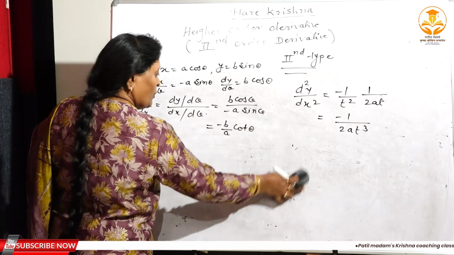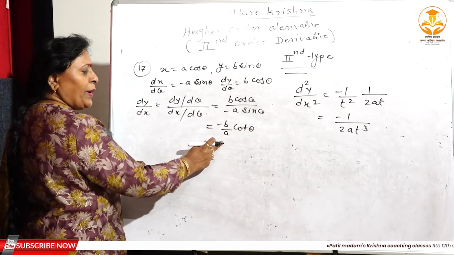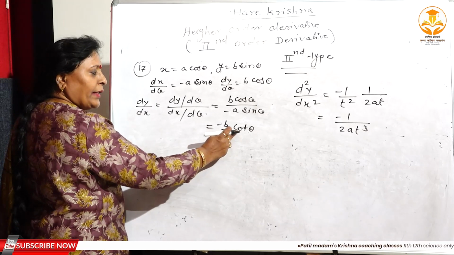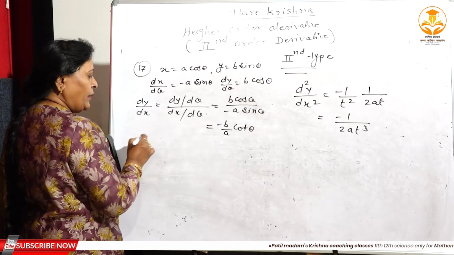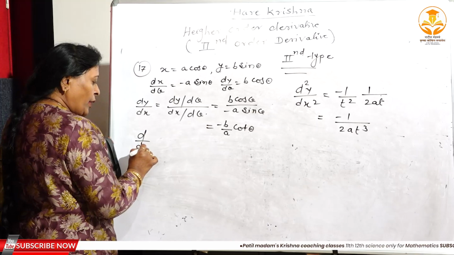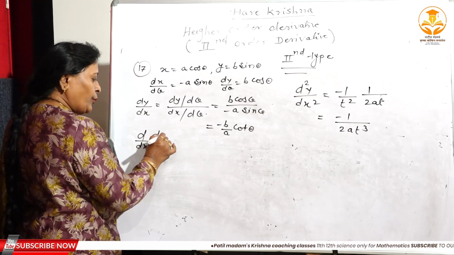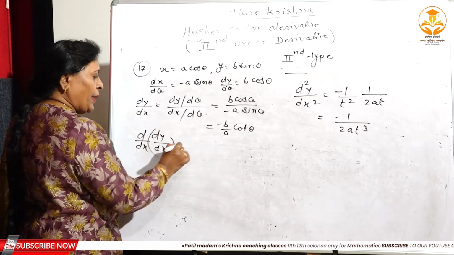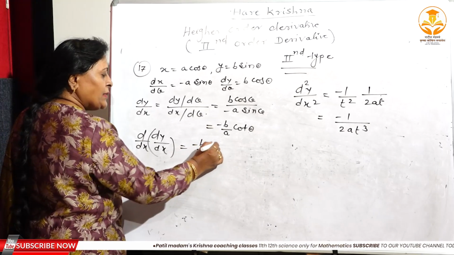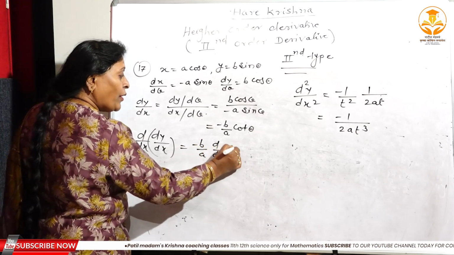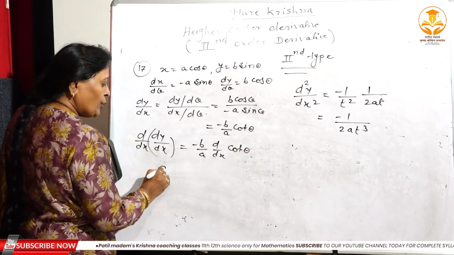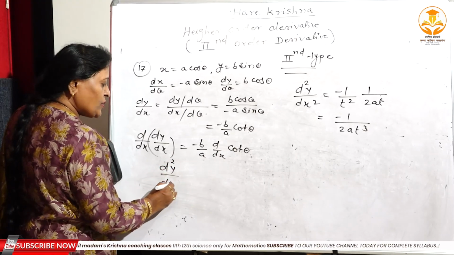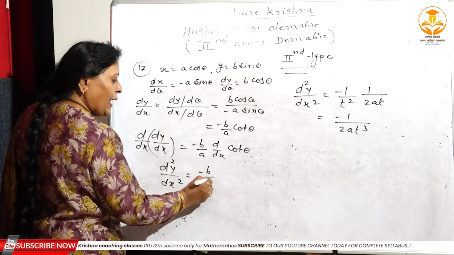Right? So don't write at once minus b by a. The derivative of cot theta is equal to minus cosec square theta, right? Because you are finding the derivative with respect to x. Therefore d by dx of dy by dx, minus b by a remains as it is, and d by dx of cot theta, isn't it? So d2y divided by dx square is minus b by a remains as it is.